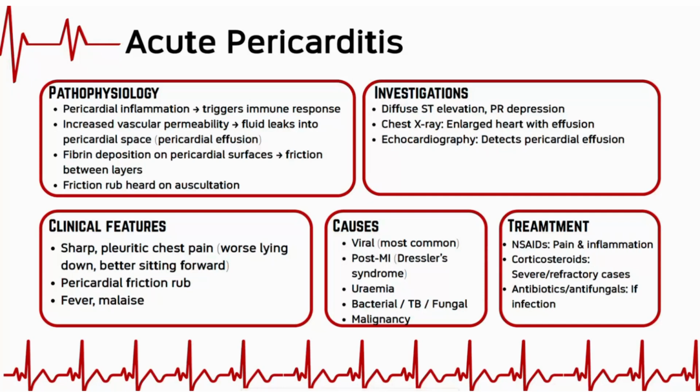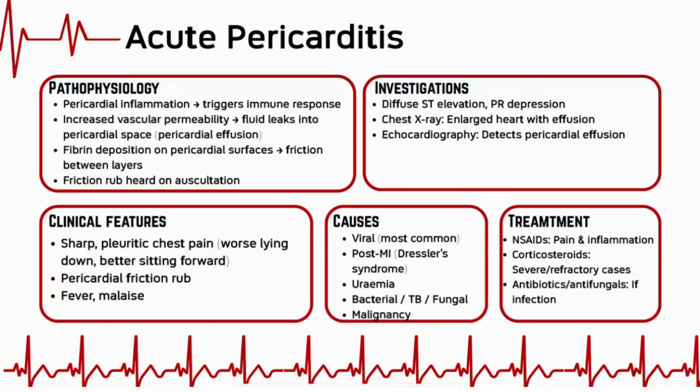Now, pericarditis is the most common disease of the pericardium encountered in clinical practice. So when we look at the pathophysiology, literally all that happens is that we have pericardial inflammation, which is triggered by an immune response. So you have that impairment of the equilibrium that I spoke about, which increases the vascular permeability.